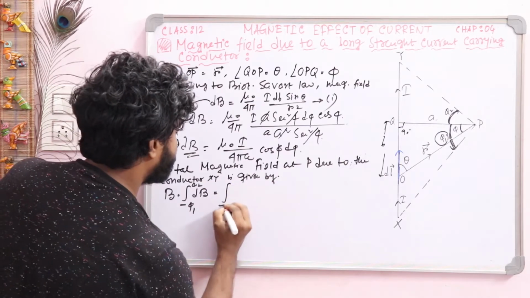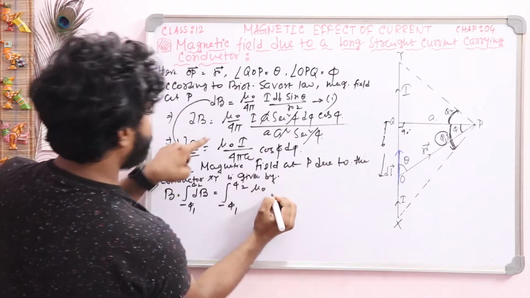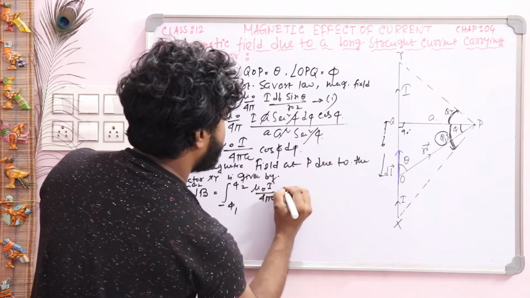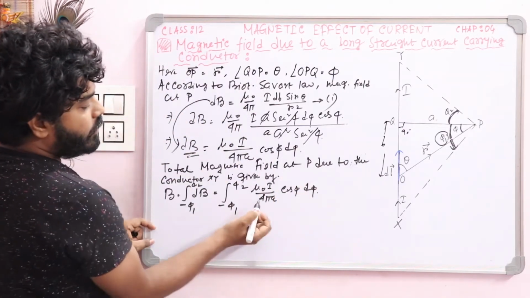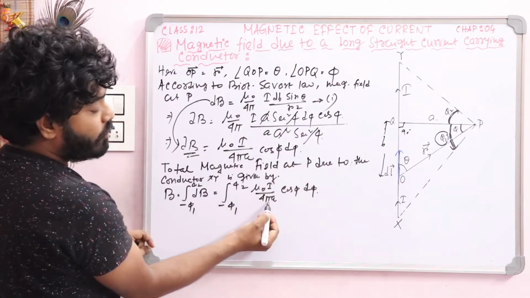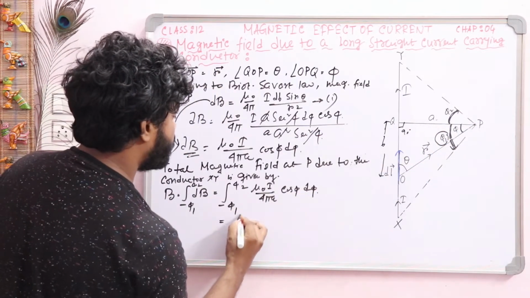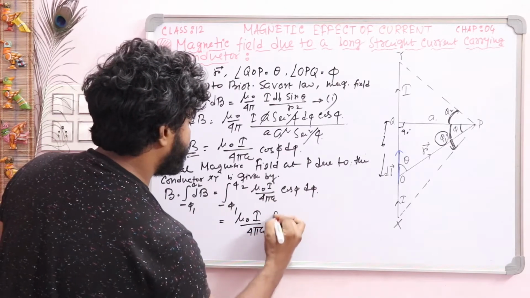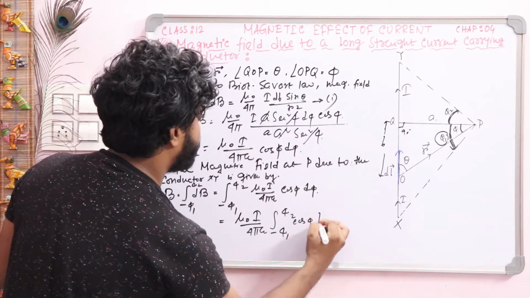You know the value of dB, this one: mu naught I divided by 4 pi a cos phi d phi. Now you see mu naught is constant, the current I flowing is constant, 4 pi, and a, this length, is also constant. So these will be outside: mu naught I divided by 4 pi a, integration from minus phi 1 to phi 2 of cos phi d phi.